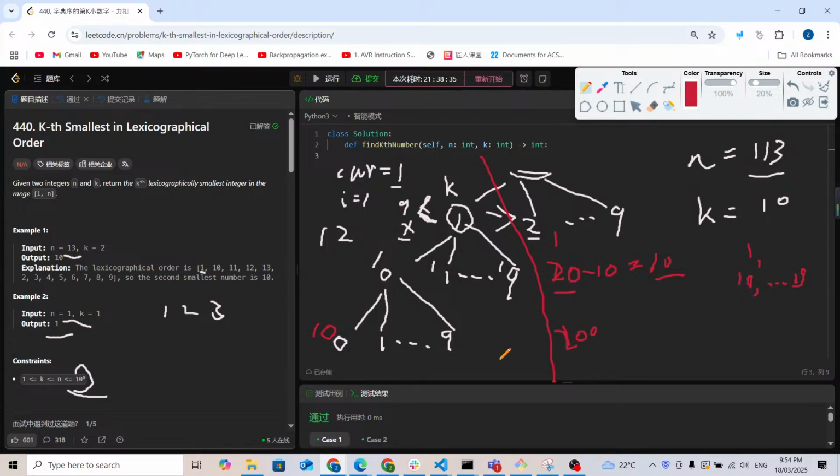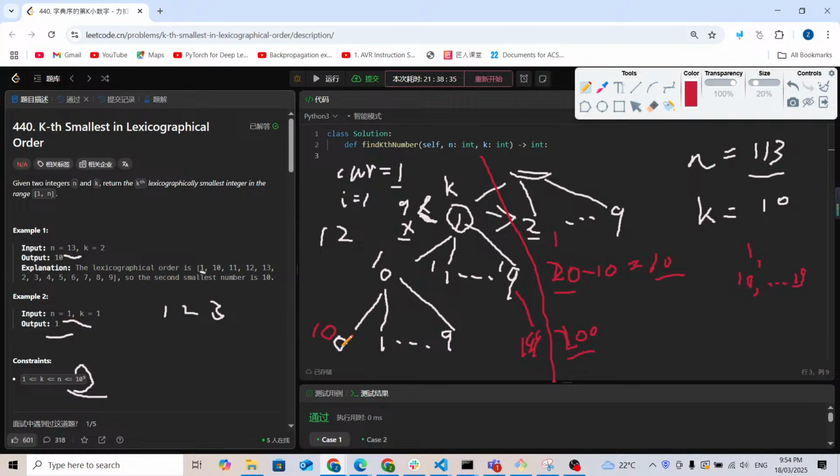So this is 20, and from here it's going to be 199, because this is 1, 10, 100, and this is 100 up until this branch, which is 199. So for the next number, we're going to use 200.